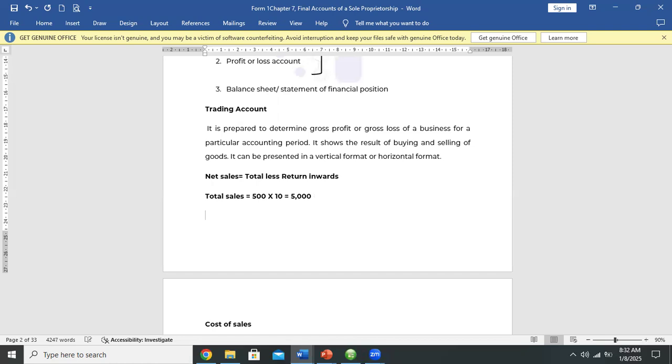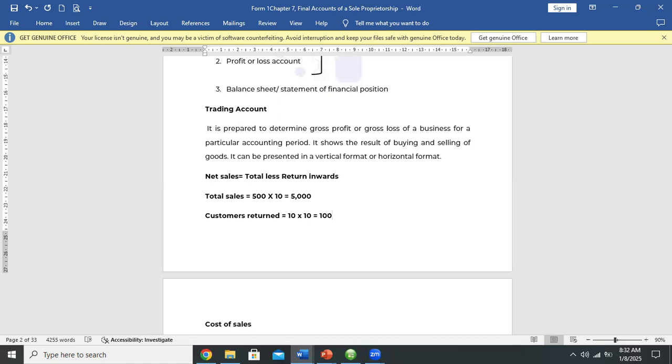And customers returned 10 shoes back to you, right? So that 10 shoes will be 10 times the price of one shoe, which is 10. So it means that your customers returned 100 cedis to you.